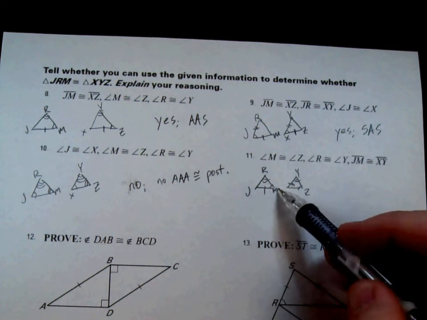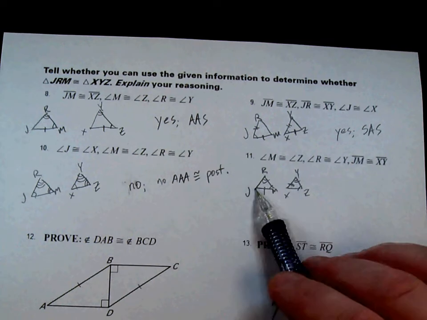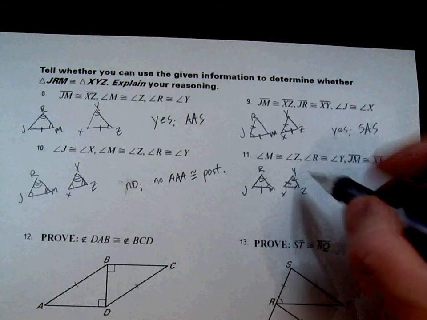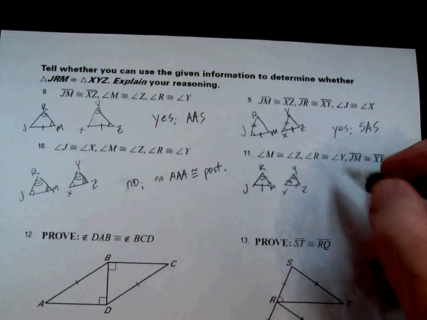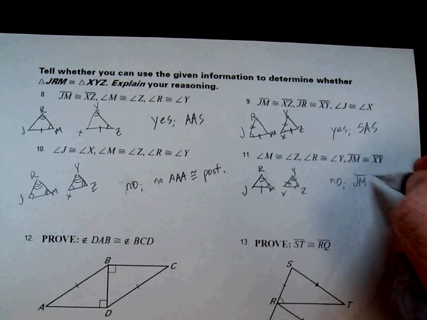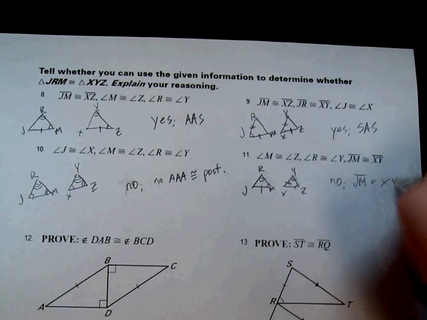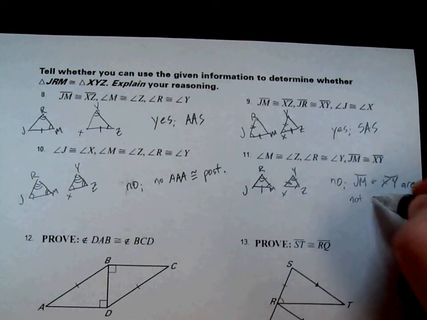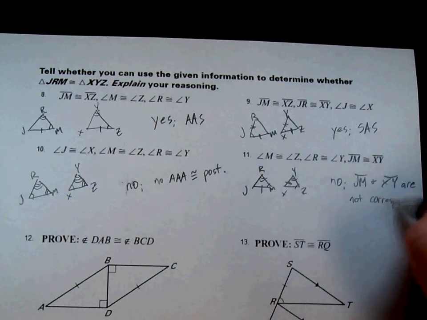So they do have two angles and a non-included side, but it's not the corresponding one. JM should have been congruent to XZ, and they said XY. So they have to be corresponding non-included sides. So this is a no. And I can say JM and XY are not corresponding. So that wasn't the right pair of sides.